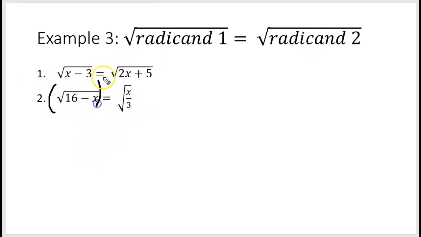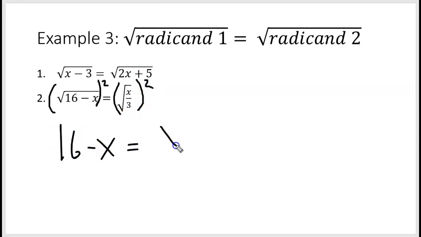Once again, we're going to start by squaring both sides. Cancel out those roots. And we talked about how to deal with fractions a little bit earlier this year. What you do is you just multiply by the denominator so they cancel. But whatever you do to one side, you have to do to the other side. So I need to multiply this by 3, and I need to multiply that by 3 as well.